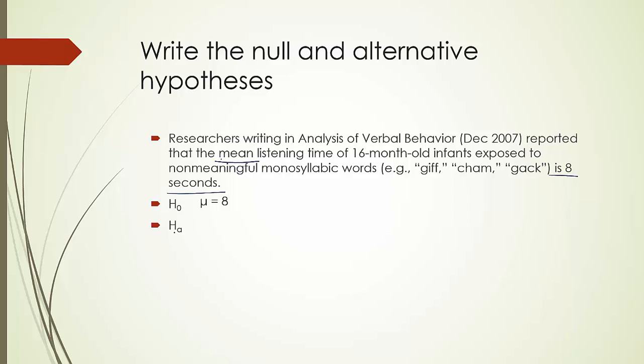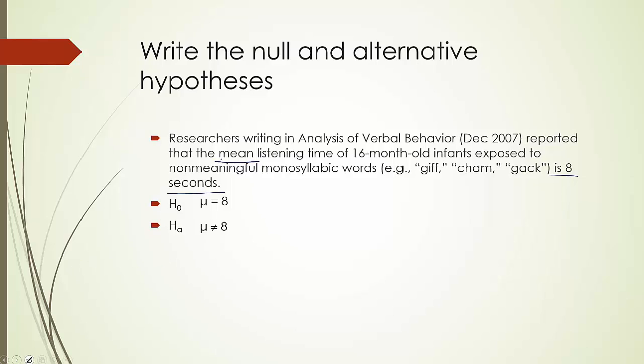Seeing this is 0, they make the next one 1. Doesn't matter which notation you use at all. So again, this hypothesis is going to be about mu, and this hypothesis, exact opposite, is going to be that mu is not equal to 8 seconds. So it could be that the mean is greater than 8 seconds, or the mean is less than 8 seconds.